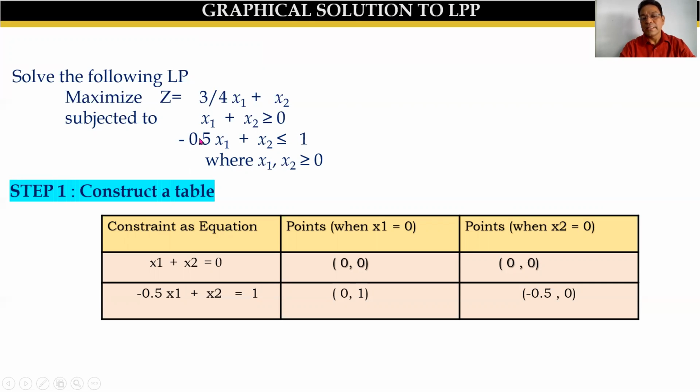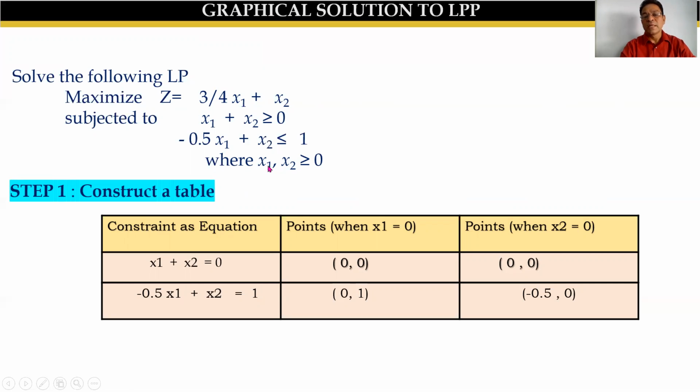So we understand here: can I increase the value of x2 beyond a certain limit? No, I cannot increase the value of x2 beyond a certain limit. But I can increase the value of x1 to any limit, in this case also and in this case also. It means that x1 can take any value up to infinity. Since x1 can take any value up to infinity, z can have any value up to infinity, and there is no binding on the value of x1.